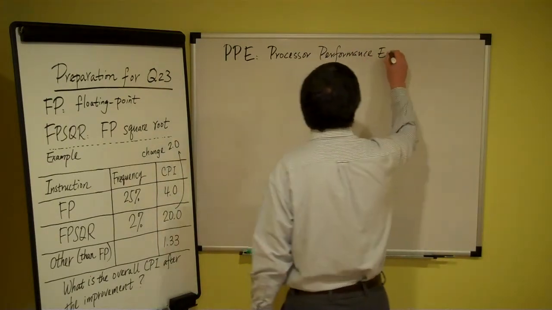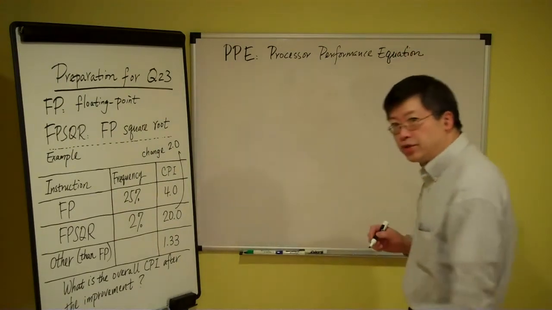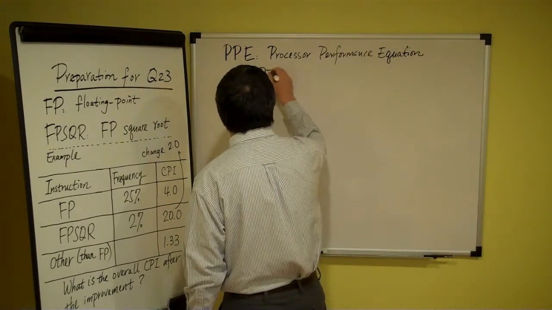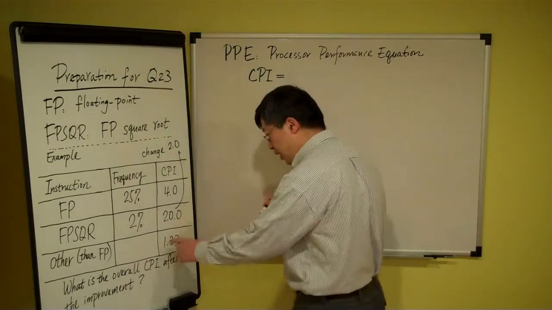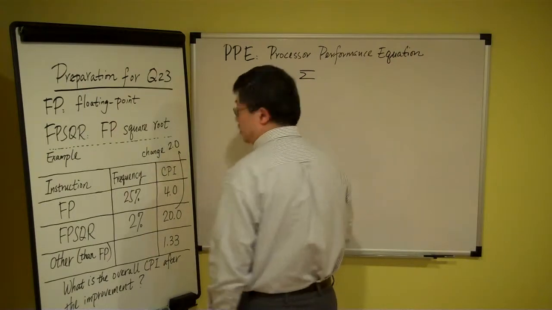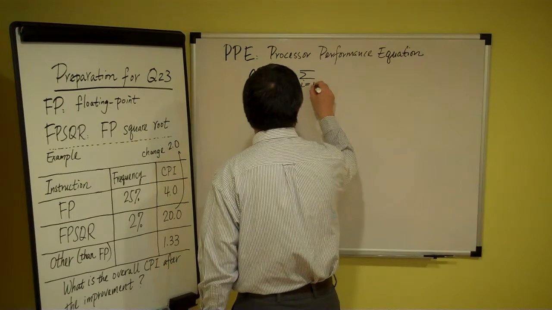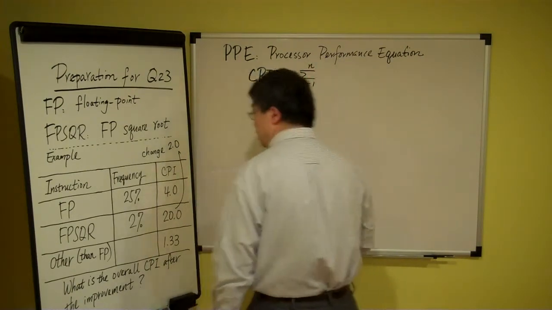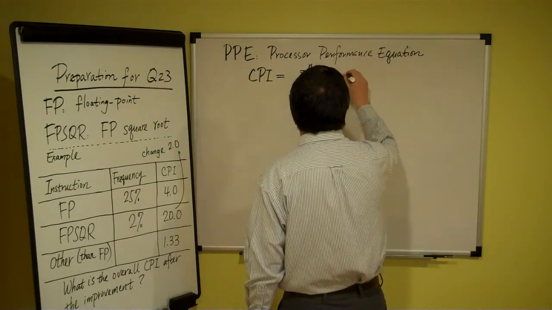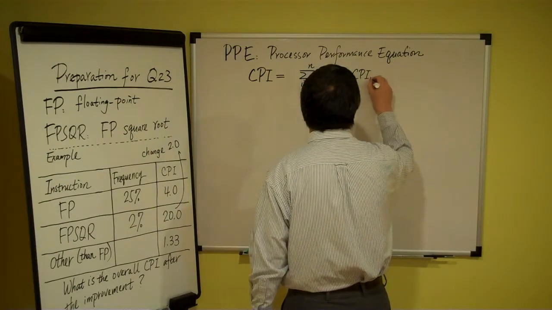Based on that equation, the overall CPI equals the summation, over your operations, of frequency times individual CPI.